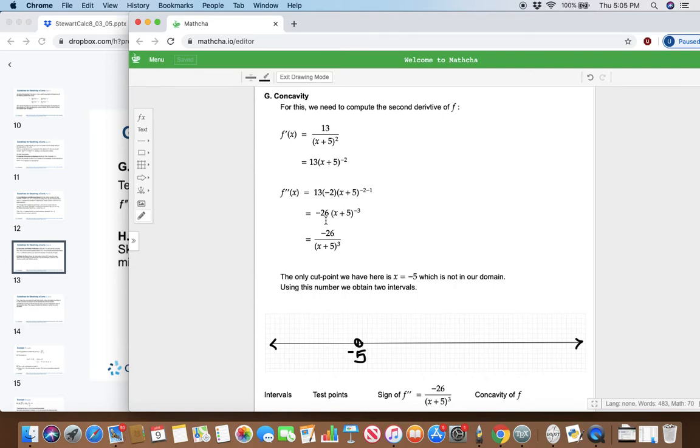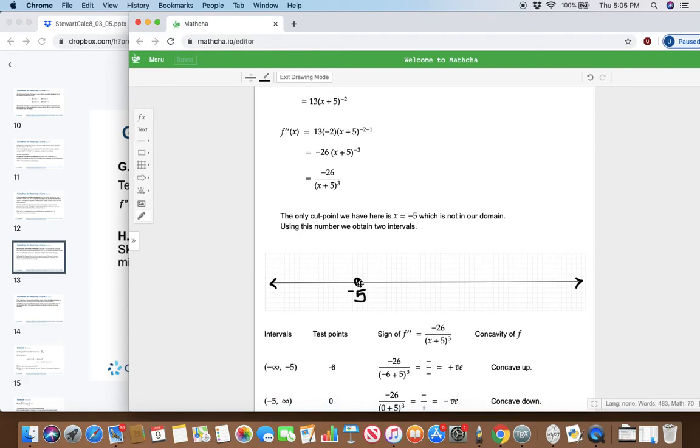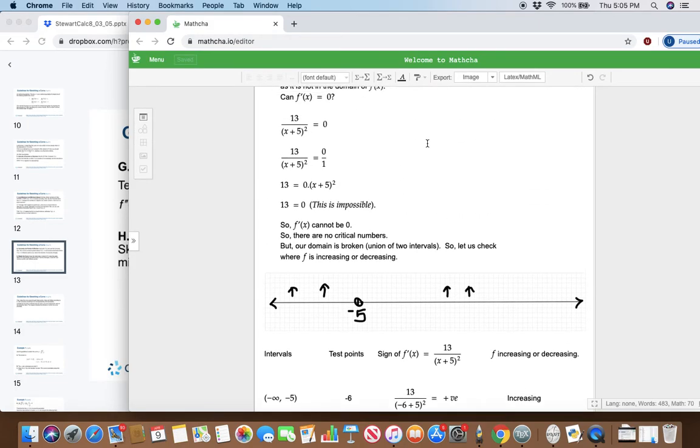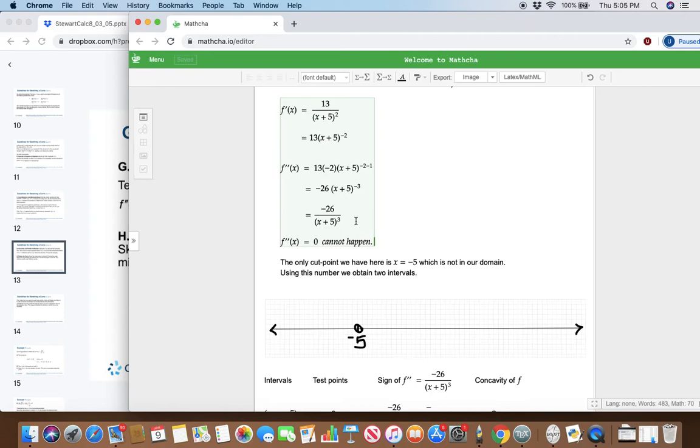Simplifying, 13 times negative 2 is negative 26. Power is negative 3. Now bring it back down to make it a positive power. Okay. So the only cut point here is negative 5. You can check, f double prime of x equals 0 cannot happen. Same reason as before. You cannot have a fraction equals 0 when the numerator is not 0. So same story.